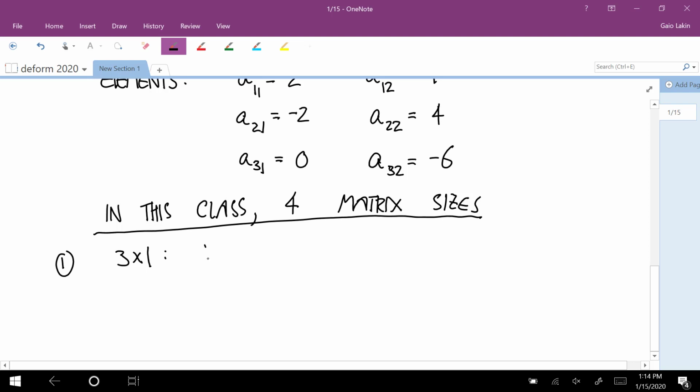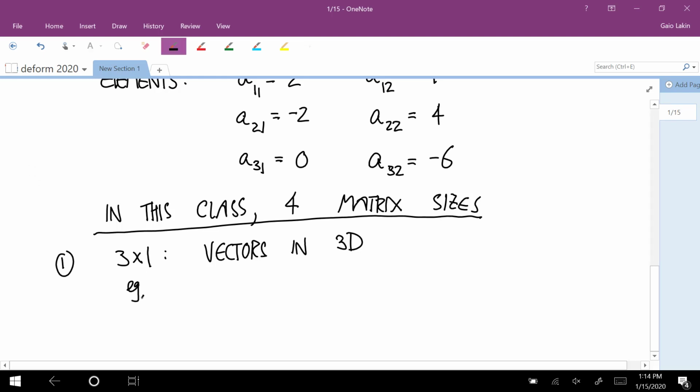Okay. And we'll use this to represent directional unit vectors that represent directions. We'll use them for forces. We'll use them for moments.